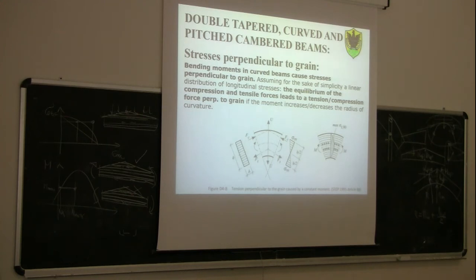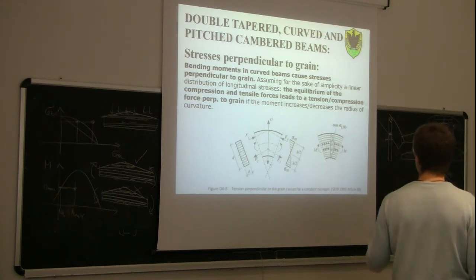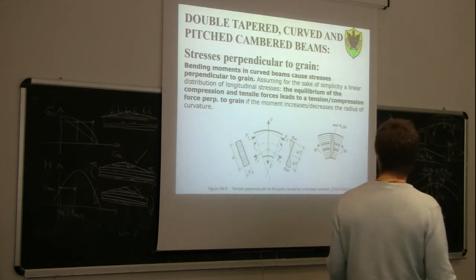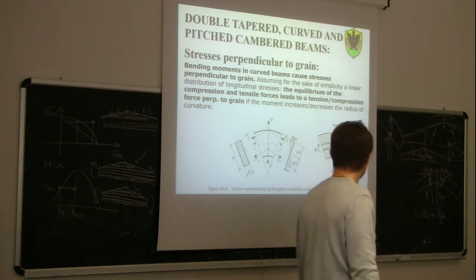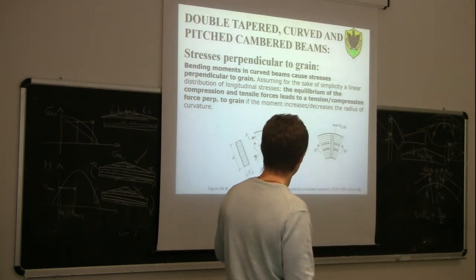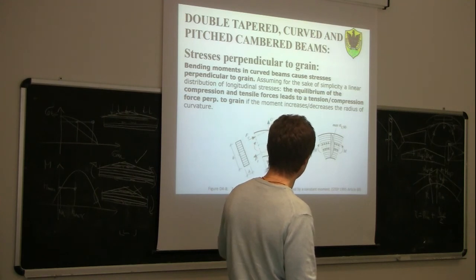Okay, the third phenomenon that we need to take into account is the possibility to have stresses perpendicular to the grain in curved members subject to bending. So suppose now that you have one piece of a curved member like this, and suppose that this piece of curved member is subjected to positive bending moments.